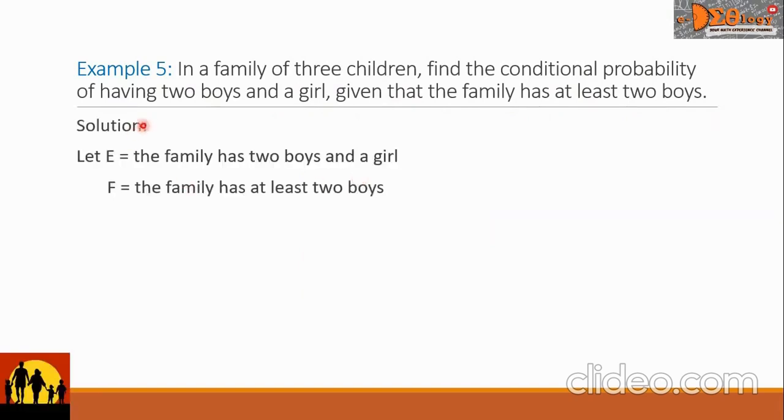For our solution, first let us assign E equals the family has 2 boys and a girl, and F equals the family has at least 2 boys. Then we take note that we want to get the P of E given F.